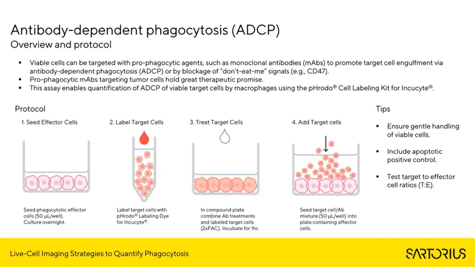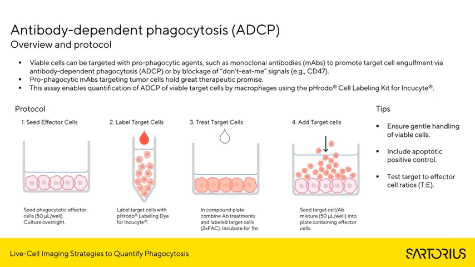Additionally, in initial experiments, it's often useful to include an apoptotic positive control, just to confirm that your phagocytic effector cell is capable of phagocytosis. And lastly, we recommend testing the target to effector cell ratios.